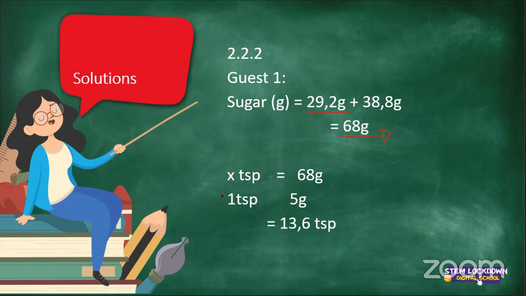So you need to cross multiply: 68 times 1 teaspoon, divided by 5. So 68 divided by 5. The answer was 13,6 teaspoons. Grams cancel out. Your answer is supposed to be in teaspoons, not grams. So guest one uses 13,6 teaspoons. Well done to those learners who got it correct.